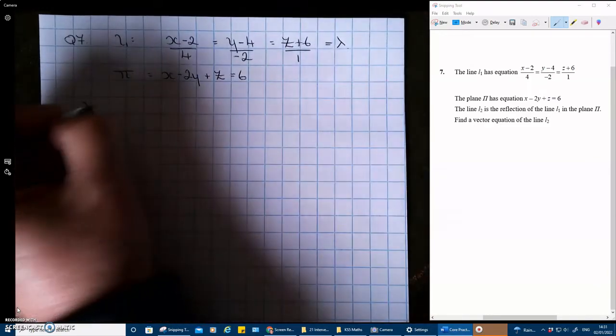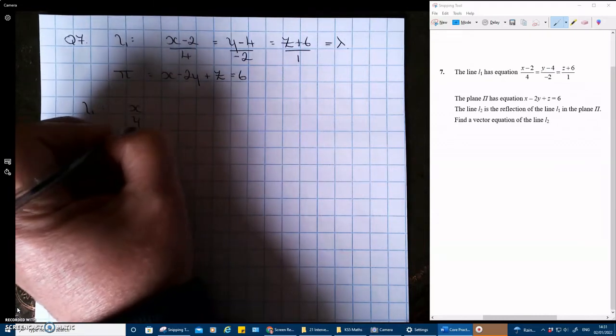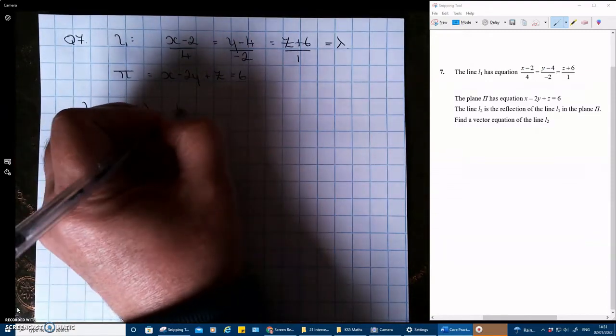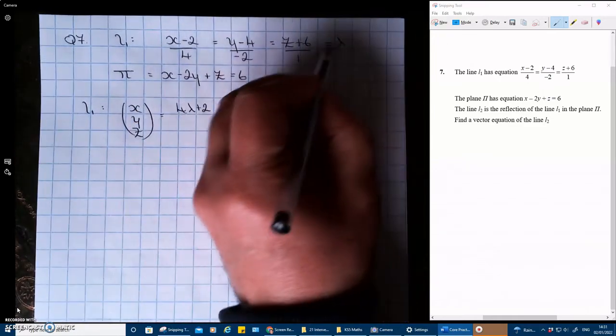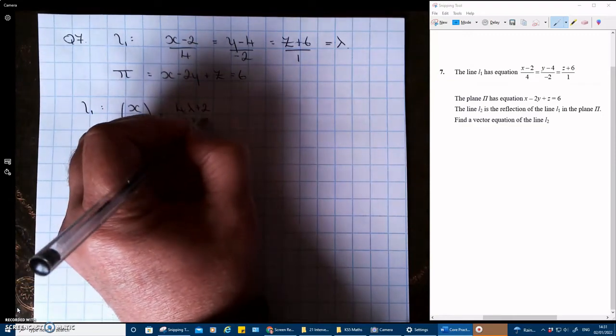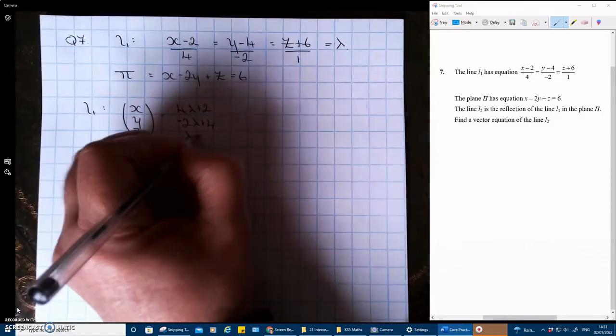So line 1 I can write as x equals x, y, z equals 4 lambda plus 2. Y is minus 2 lambda plus 4. And z is lambda take 6.